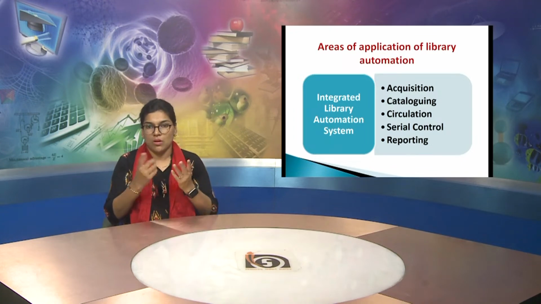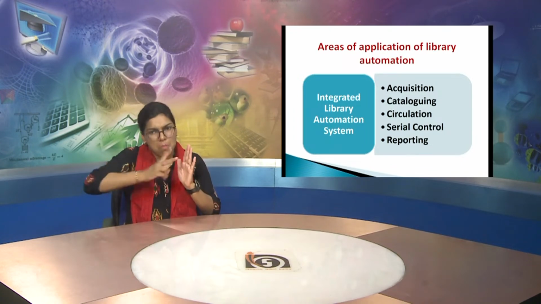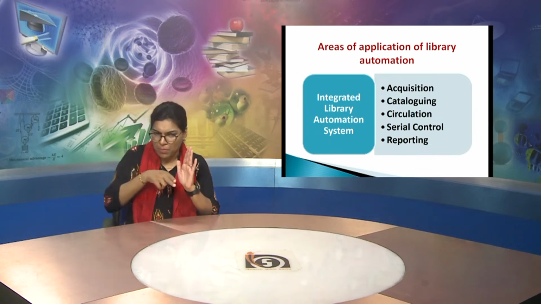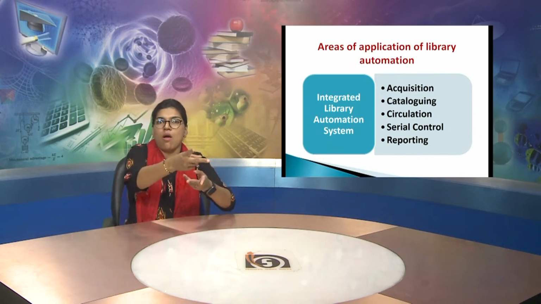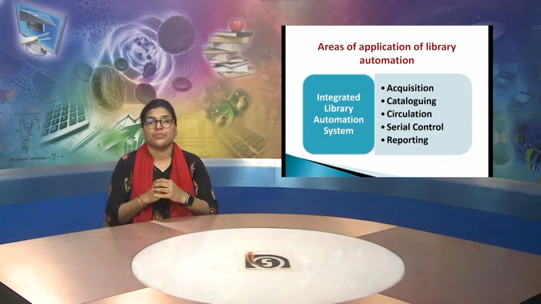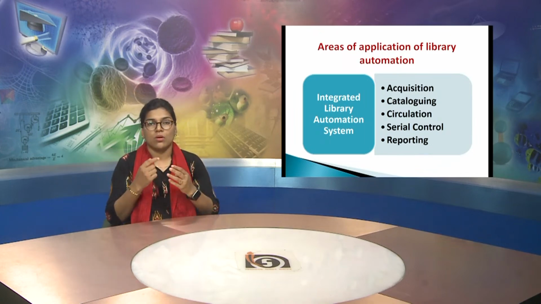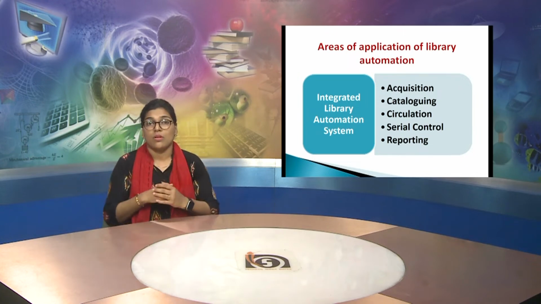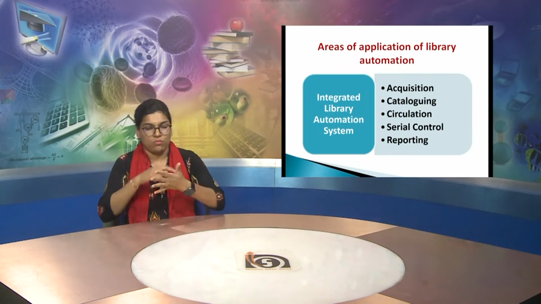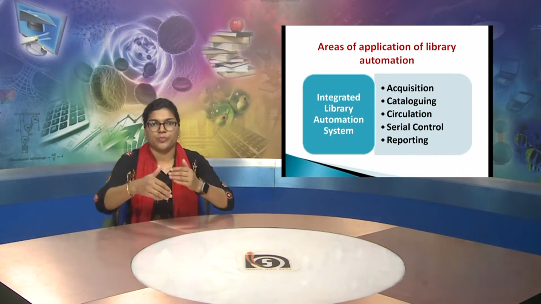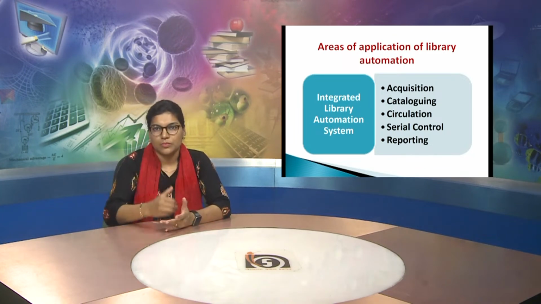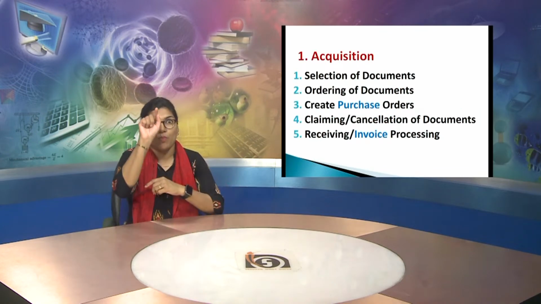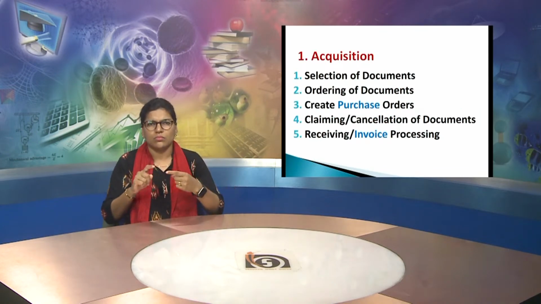The first one is acquisition, next is cataloging, next is circulation, and then the fourth is serial control and then reporting. So these are the basic 5 application areas for the library automation as an integrated library automation system. So we will understand all these 5 points one by one in sequence.